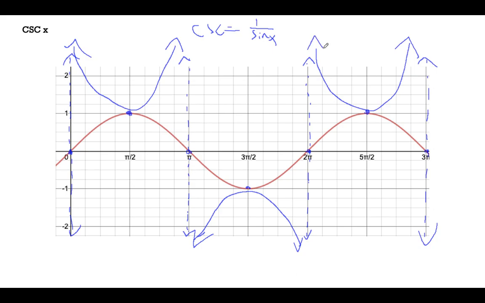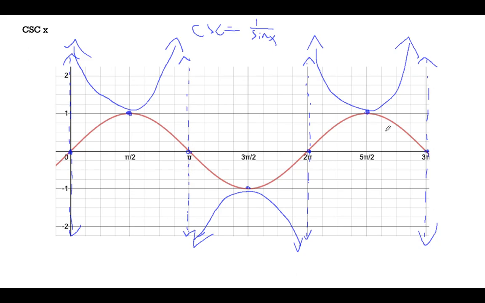Okay? And so very similar, they look the same, they're just in different spots. Because sine is 0 at intervals of pi, so 0, pi, 2 pi, 3 pi, okay, which is different than cosine.